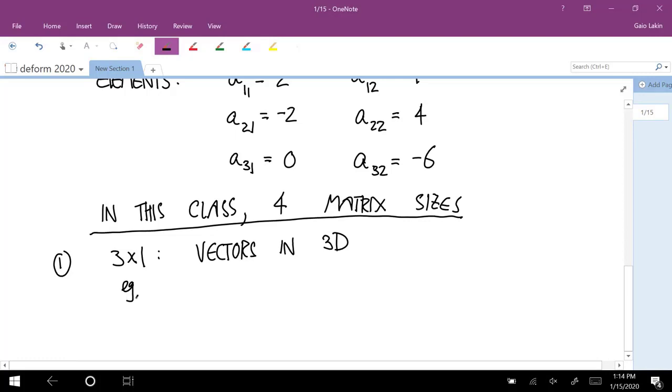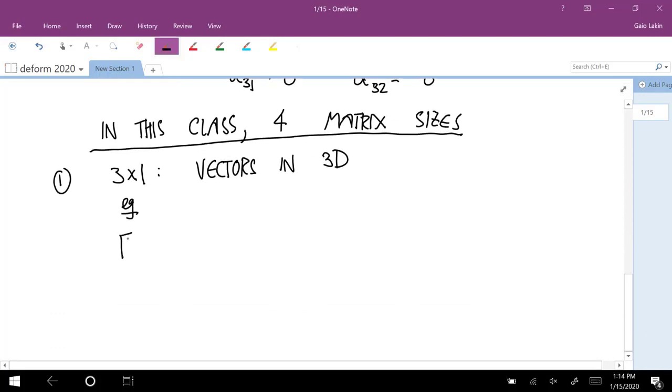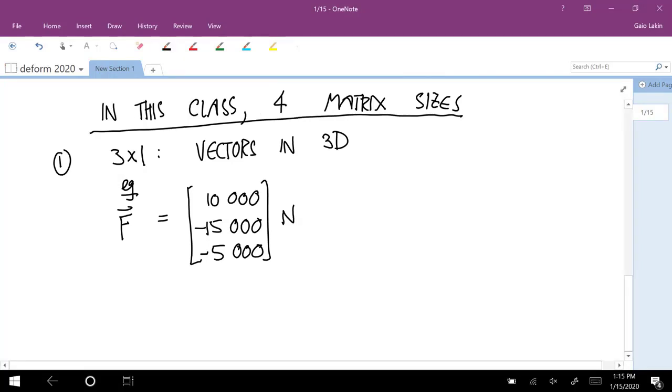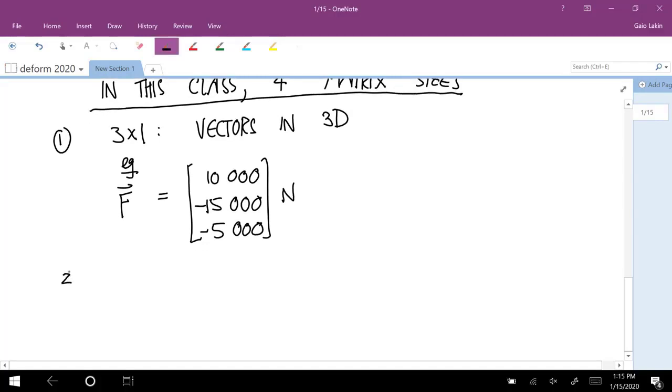So for example, this could be a force vector, 10,000, -15,000, -5,000 in newtons. So you're used to that one. These other ones, I don't think you've probably seen yet, or at least not much.